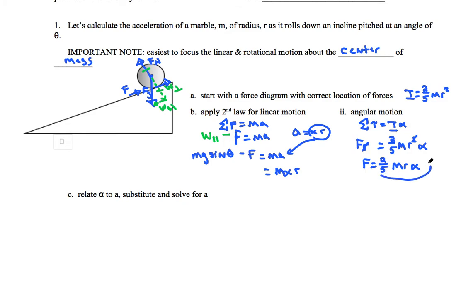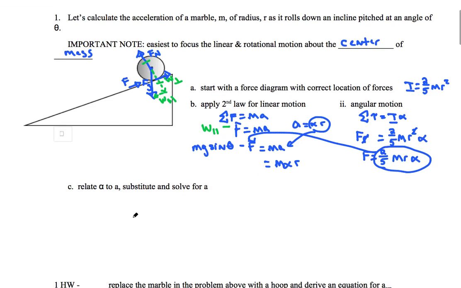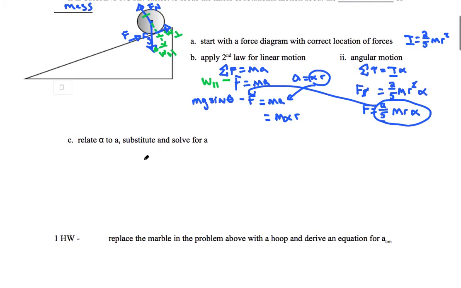I'm going to do another substitution and plug this in for that force. So I'll rewrite this: I have mg sine theta minus 2/5 mr alpha, and that's equal to m alpha r. I did two things there.